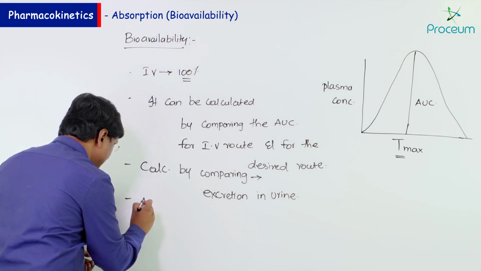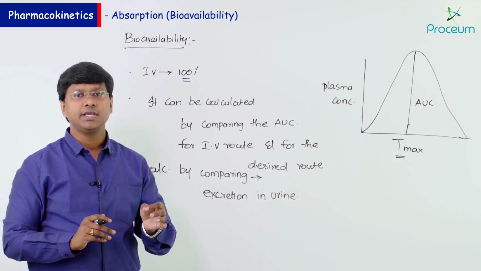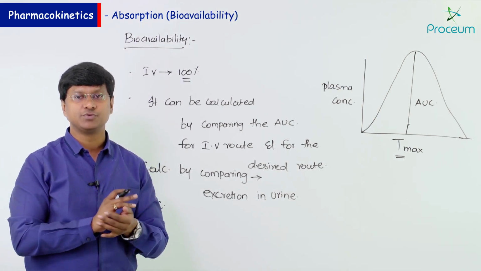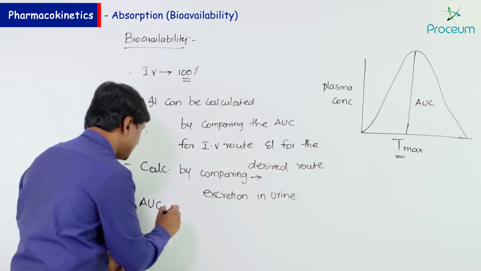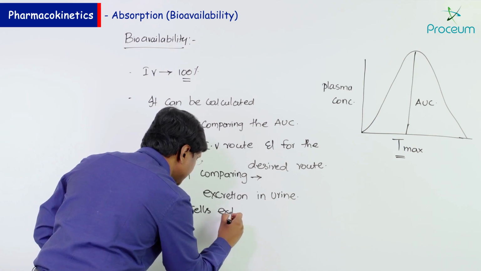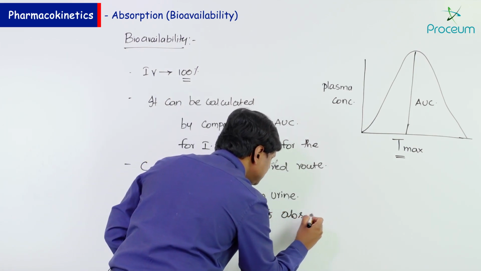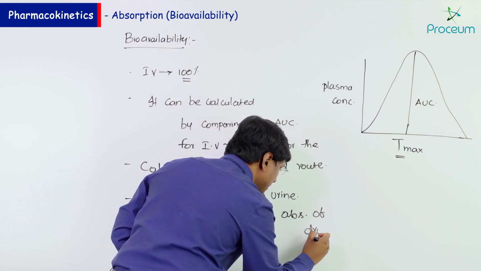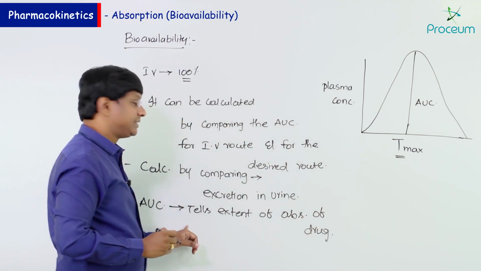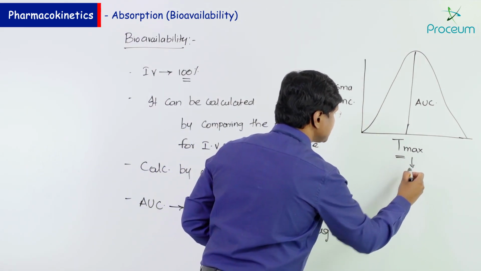Now you take AUC. AUC tells about the extent of absorption of a particular drug. That is what your AUC is. Whereas you take the Tmax.